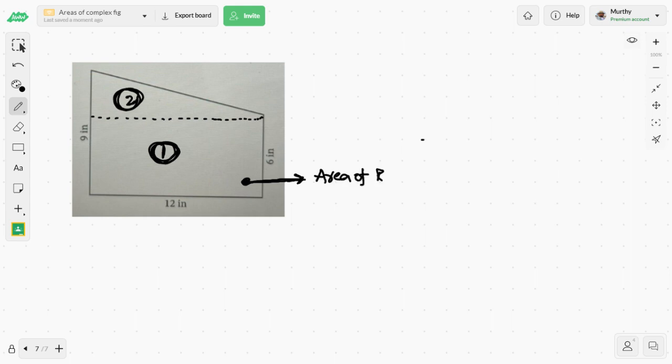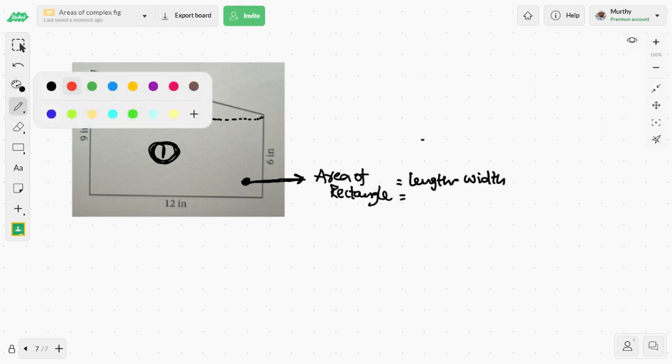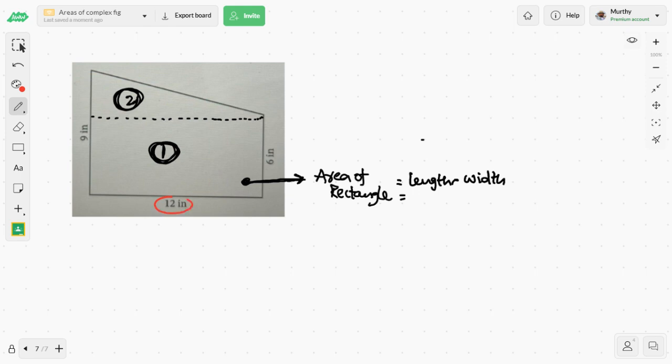Area of rectangle. Let me move this one down so that I'll have more space, equals length times width. I always suggest you write the formula every time.